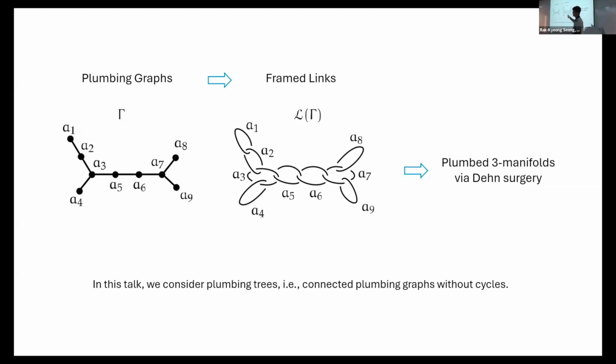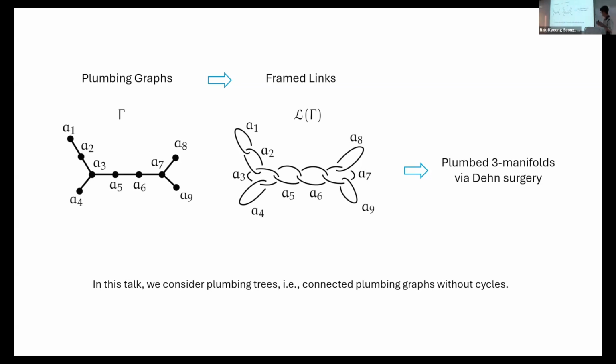Starting with the graph, we associate an unknot to each node. Then we make a Hopf link whenever two nodes are connected by an edge. For example, if this A1 node and A2 node are connected, we make a Hopf link between the A1 unknot and the A2 unknot. Then we get framed links. Then we perform Dehn surgery along the framed links. Then we get oriented, closed three-manifolds, which are sometimes called plumbed 3-manifolds.